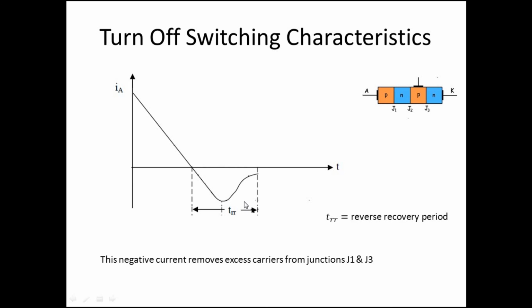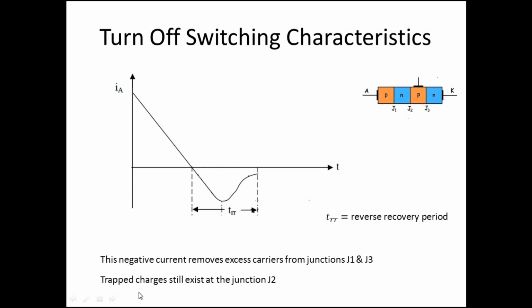The excess carriers at J1 and J3 are removed, but some charges are trapped at junction J2. So there will be a small leakage current because of these minority charge carriers.